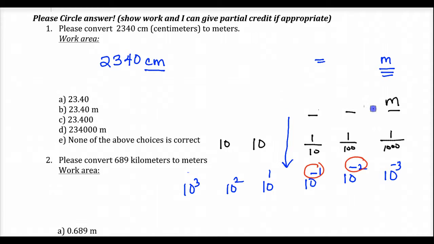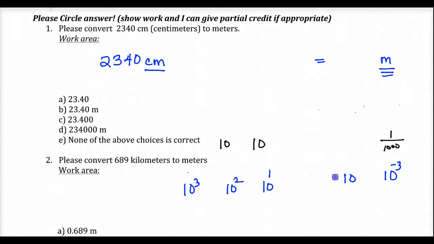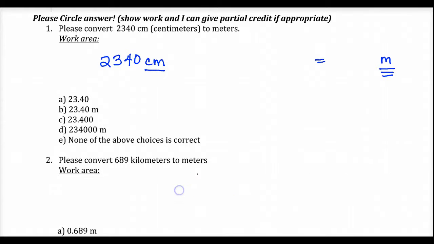So getting back to the problem, knowing that a meter and a centimeter differ by 100, whether you know the suffix or that mnemonic, I know that I have to get rid of centimeter. So using the factor label method, I know people are hating this method, but you're responsible. I want to get rid of centimeter, so centimeter goes on the bottom.